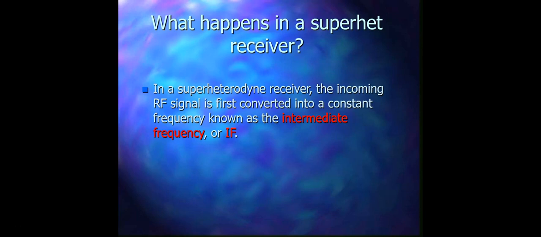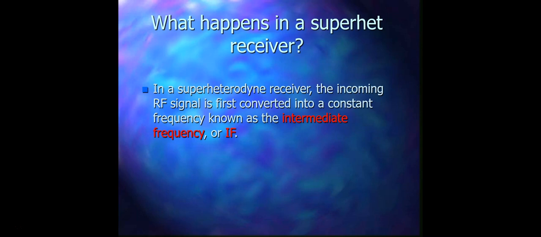Receivers of this superheterodyne type should satisfy three important factors. First is selectivity, which means tuning or selecting the signal of a particular frequency. Second is sensitivity, so even weak signals should be captured nicely. And third is fidelity, so the fidelity should be high.